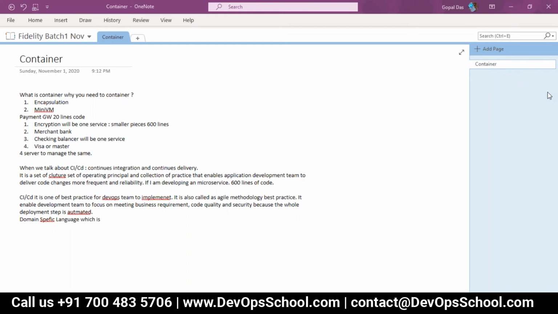Whoever is connected from an office laptop is facing issues; I just connected from my personal laptop and it's working fine. I am also connecting from my office laptop, but I think it's majorly due to the internet connection.